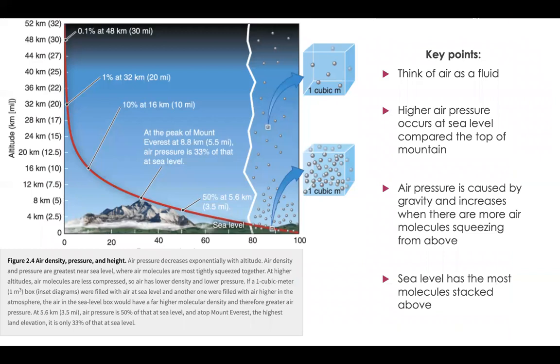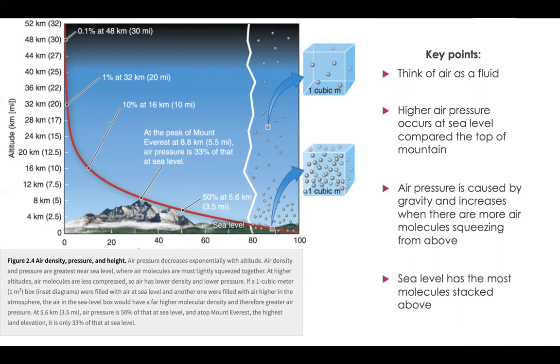So this is another image that kind of reinforces that idea that closer to sea level, there's higher air pressure. So some key points are, think of air as a fluid. Higher air pressure occurs at sea level compared to the top of a mountain or even into space. Air pressure is caused by gravity and increases when there's more air molecules squeezing from above.